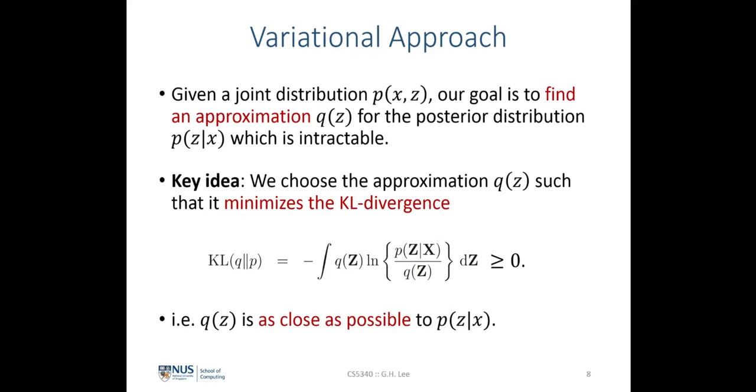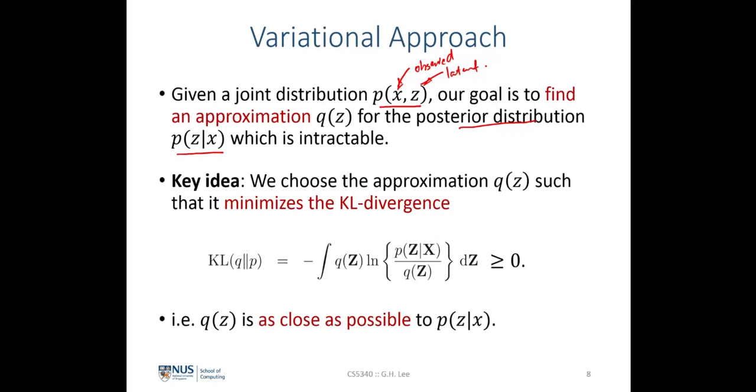As mentioned in the previous slide, the objective of variational inference is that, given a joint distribution P(X,Z), where X is our observed random variable and Z is our latent random variable, our goal is to find the posterior distribution P(Z|X), which is often intractable.